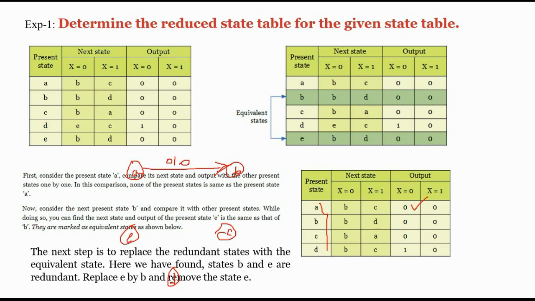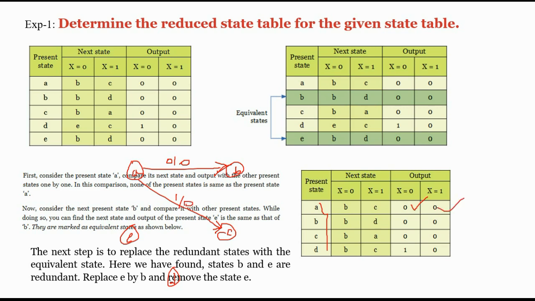This is A to B and A to C. A to C is a directed line, with input x equal to 1 and output 0. This is forward.